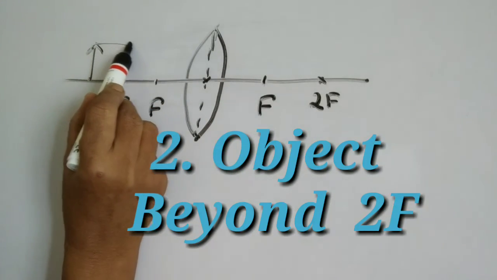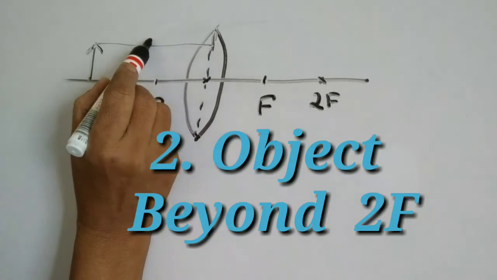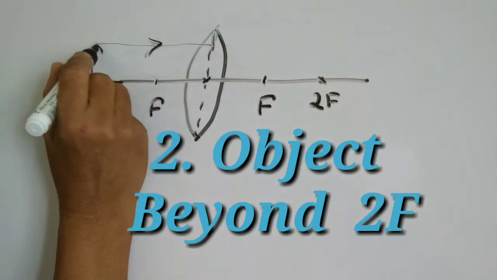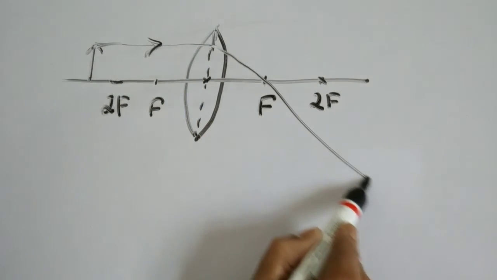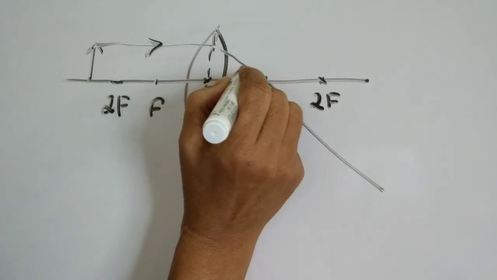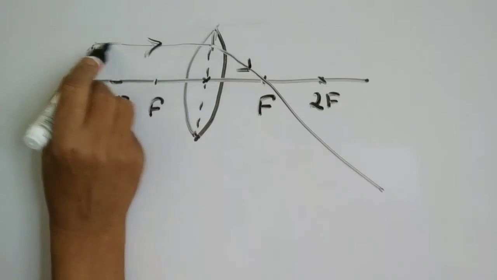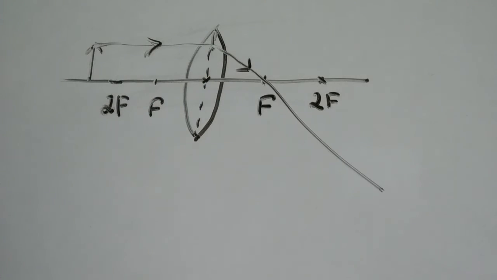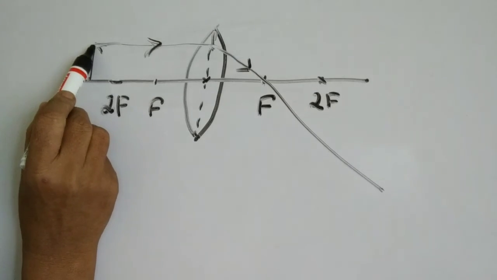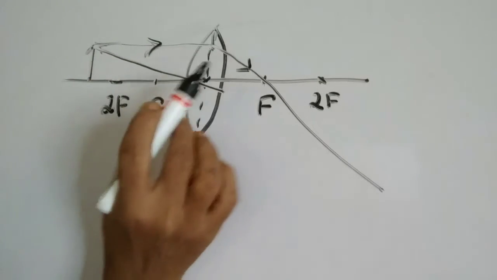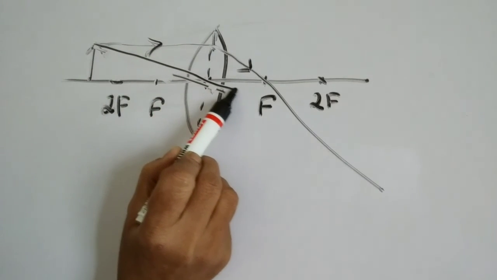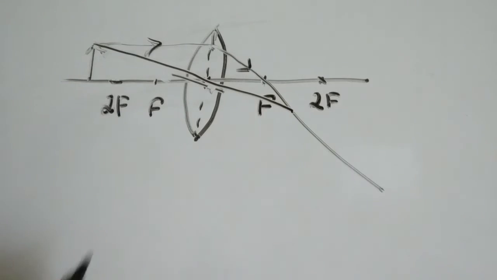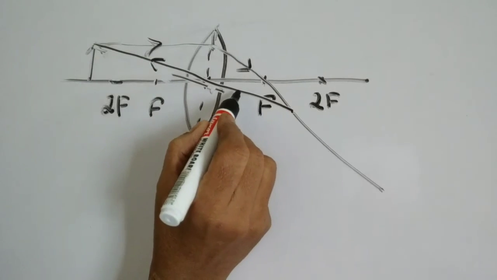The ray parallel to the principal axis, what happens to this ray? After refraction, it passes through the focus. Then another one, the ray passing through the optical center goes straight without any deviation.